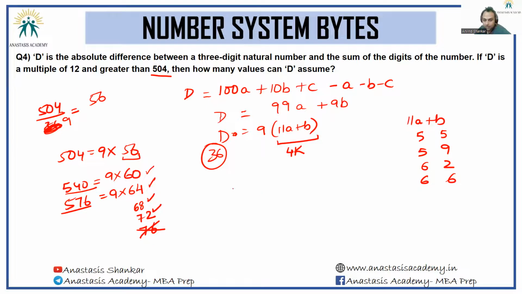Okay. So for 80, it would be 7 and 3. For 84, it would be 7 and 7. For 88, it would be 8 and 0. For 92, this list making is becoming problematic because up until when do I have to see the list?